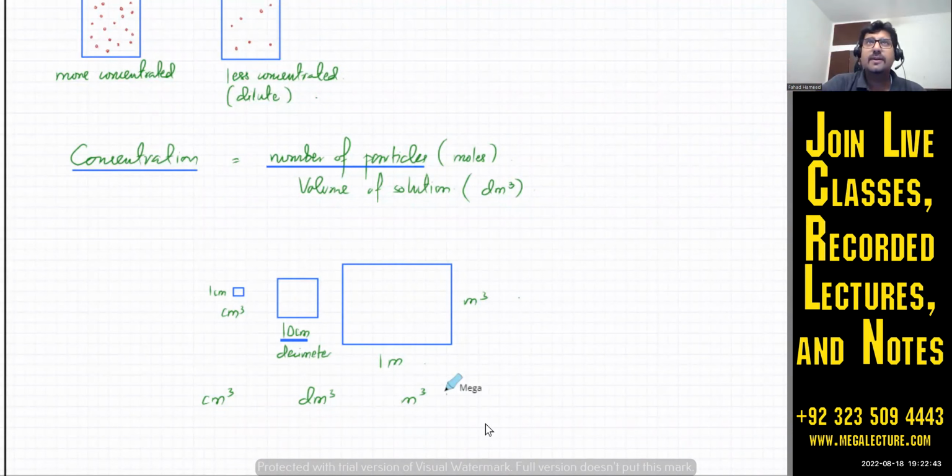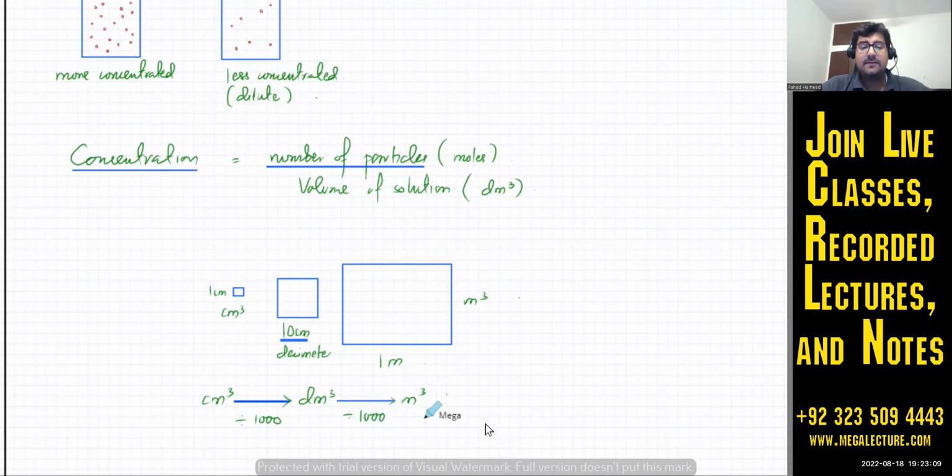If you've got 5 kilometers, that's 5000 meters. So if the volume is given in centimeter cube, what you'll do is divide by 1000. You'll get the same volume, but now it's in decimeter cube. And if you further divide by 1000, that will give you the same volume in meter cube.